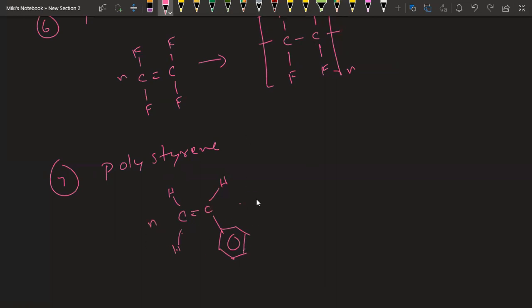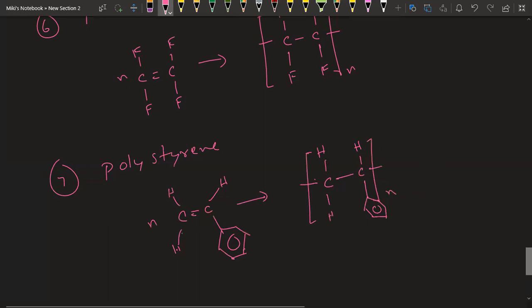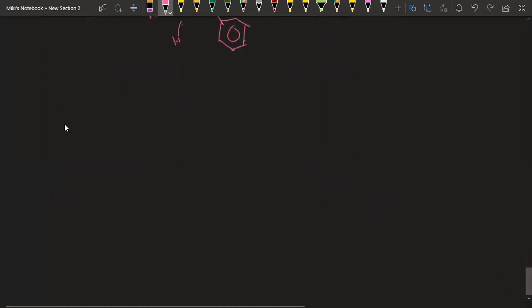So this is the structure, and such monomers are present. When the hands become free, we have this part with the hexagonal structure, and we have n such molecules. Everything remains the same, just the double bond breaks. In every case, just the double bond breaks.